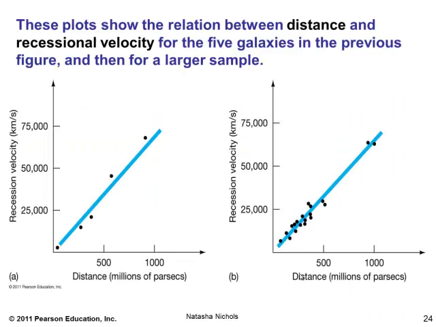And here we have plots of recessional velocity against distance. In frame A, this is data for the galaxies shown in the previous slide, figure 24.16, and in frame B, it's a plot for numerous other galaxies within about 1 billion parsecs of Earth. And as you can clearly see, there is a pattern there.